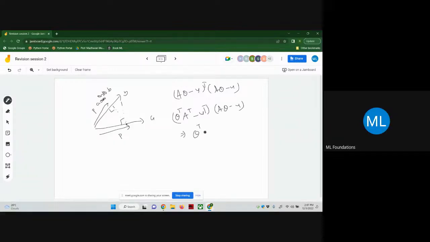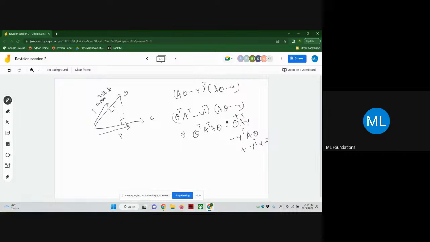This is going to be theta transpose A transpose A theta, minus theta transpose A transpose y, minus y transpose A theta, plus y transpose y.